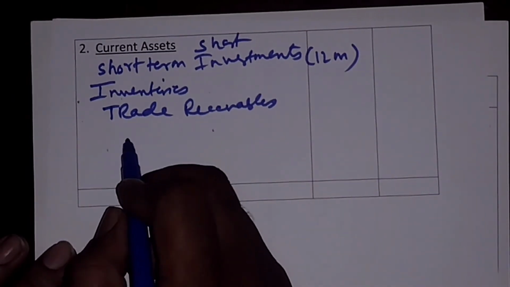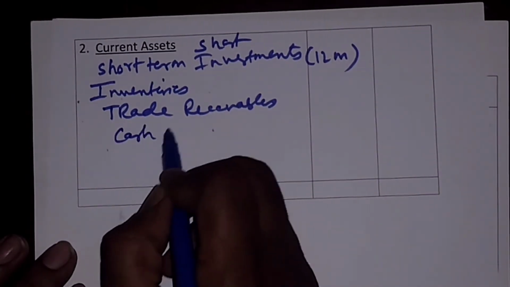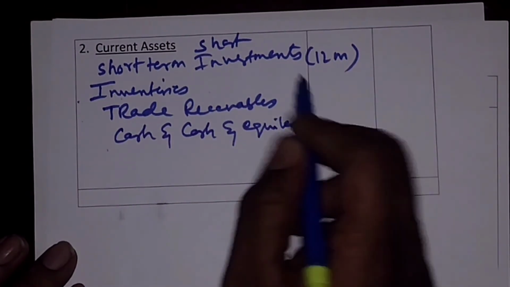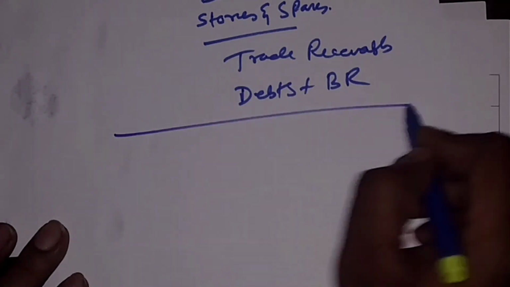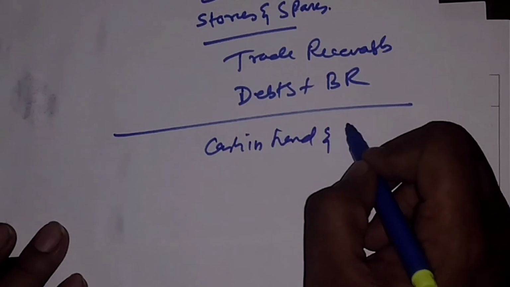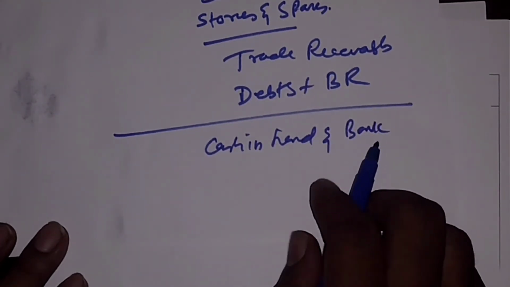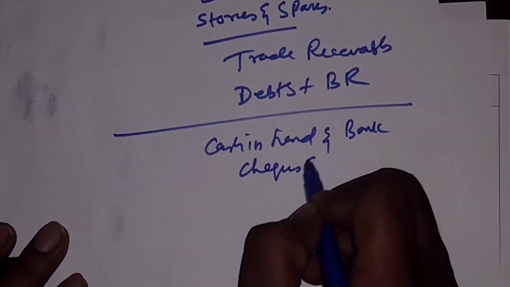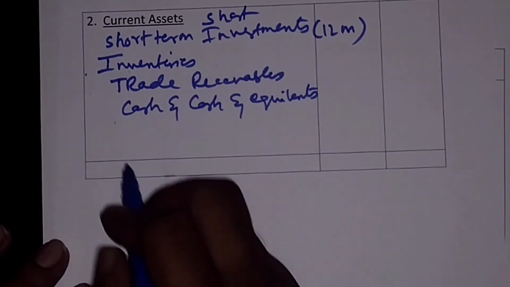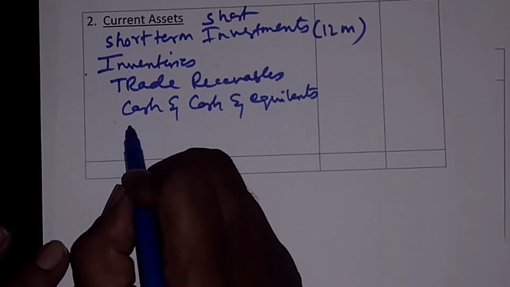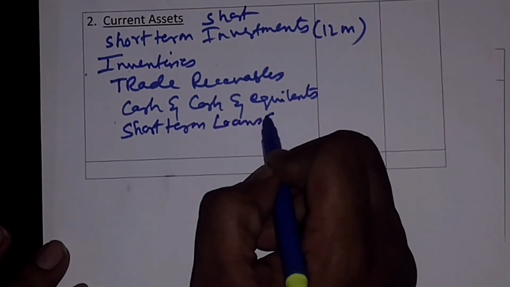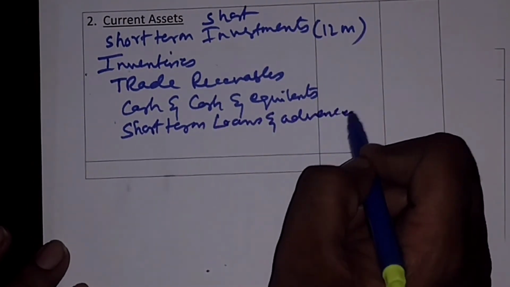After trade receivables, we have cash and cash equivalents. What is this? It includes cash in hand, cash at bank, and other cheques and DDs, demand drafts. After this, the next one is short term loans and advances.